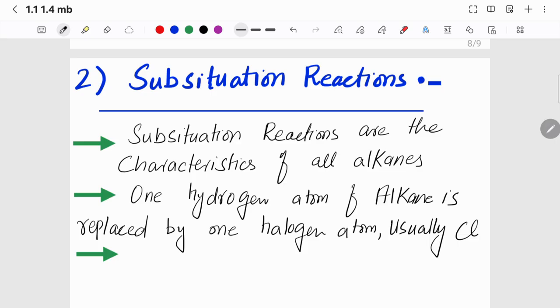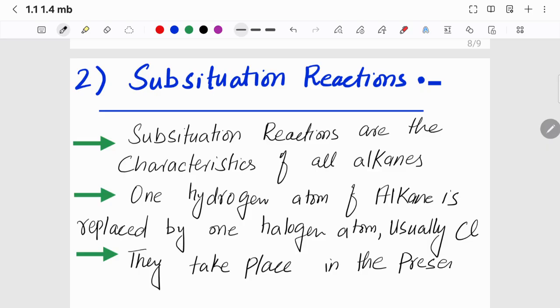And the last important thing is that they take place in the presence of ultraviolet light, the UV light.